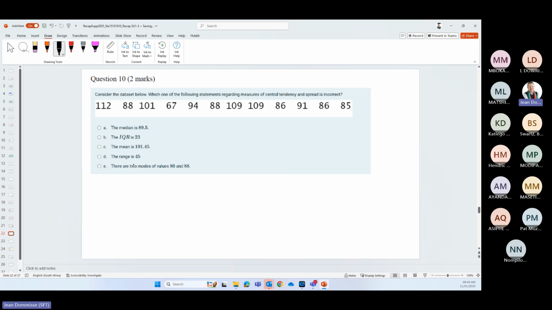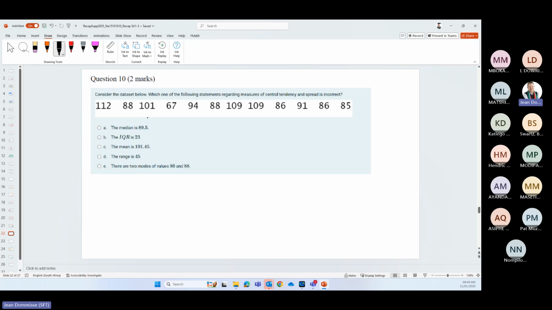Okay, so let's go into another one of these. Again, looking at the data, this time the data is not ordered. Stem and leaf is ordered. This data is just given like this.